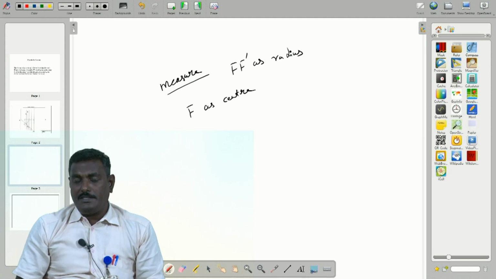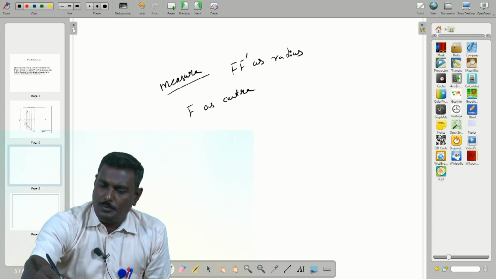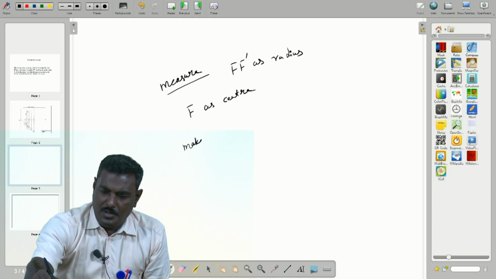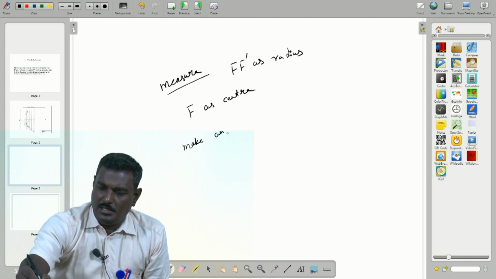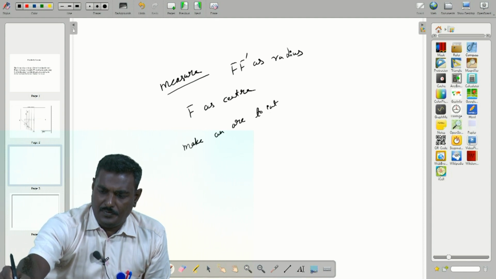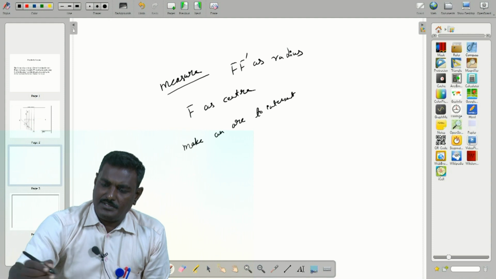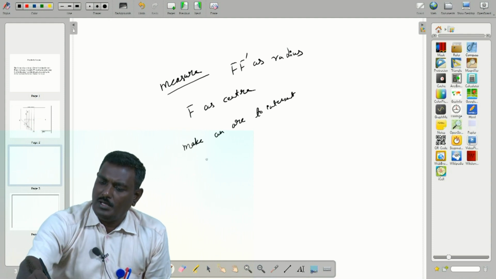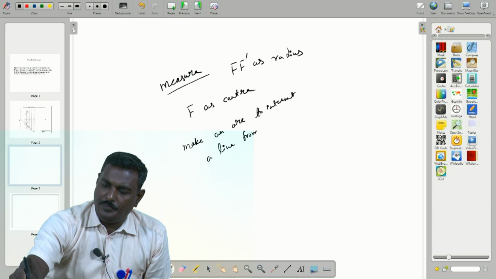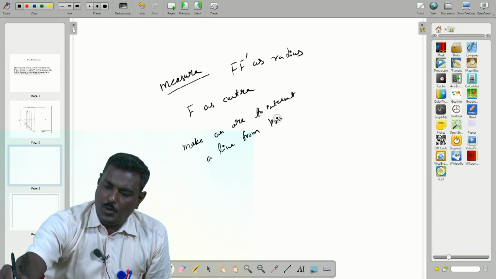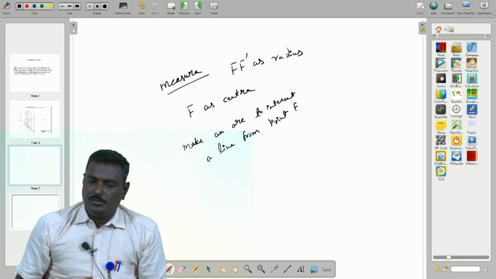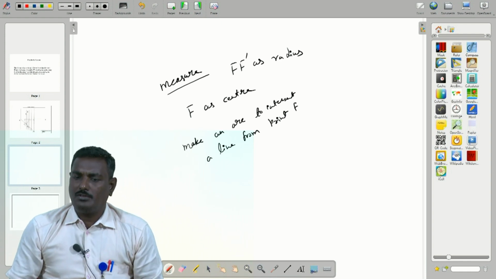Make an arc to intersect the line from point F. Like that we have to do it.